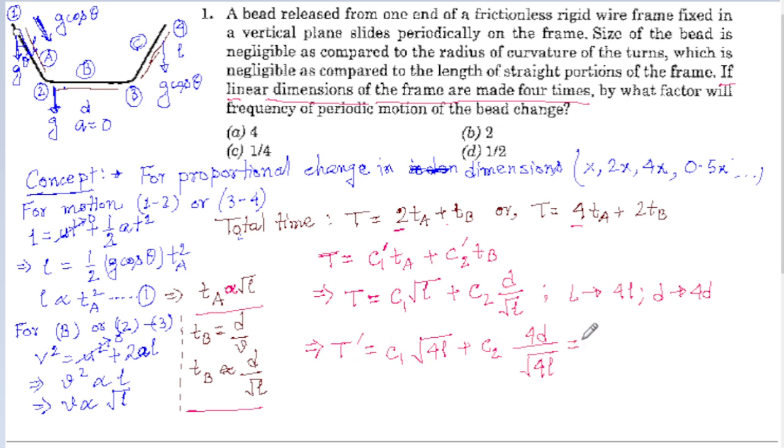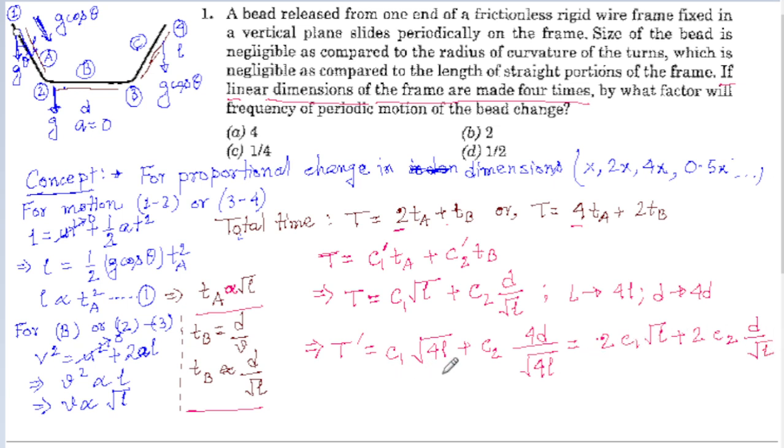If we simplify this equation, then it should be equal to 2 c1 root l plus 2 c2 d divided by root l.